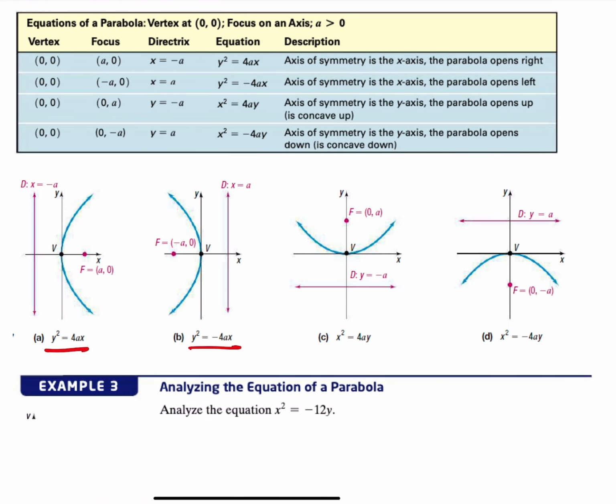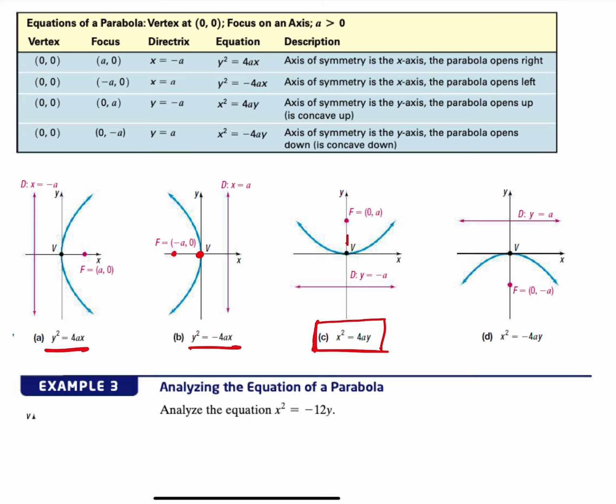If it's negative, our vertex is still at the origin, but the parabola will open to the left and the focus will be to the left of the vertex. If we swap x and y, so this looks like x squared equals 4ay. So same setup. All of the same ideas will apply. The a value is still the distance from the vertex to the focus point.